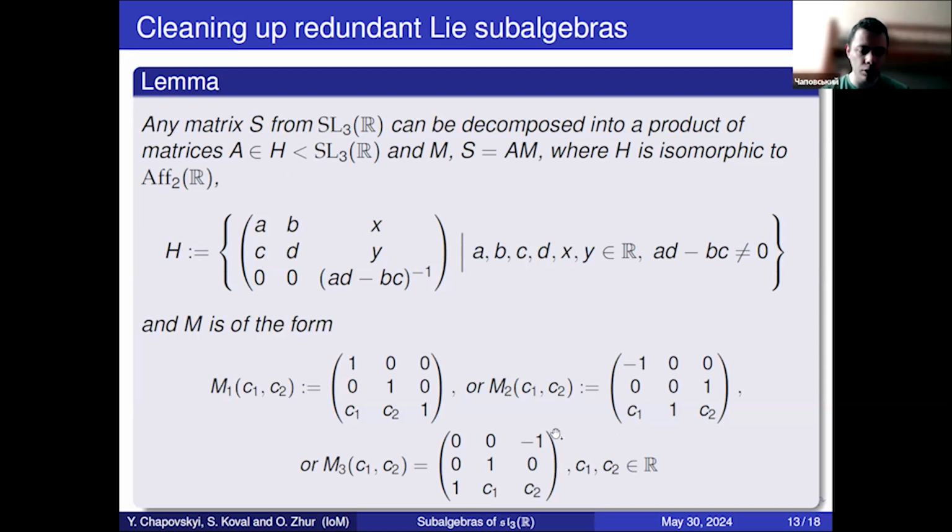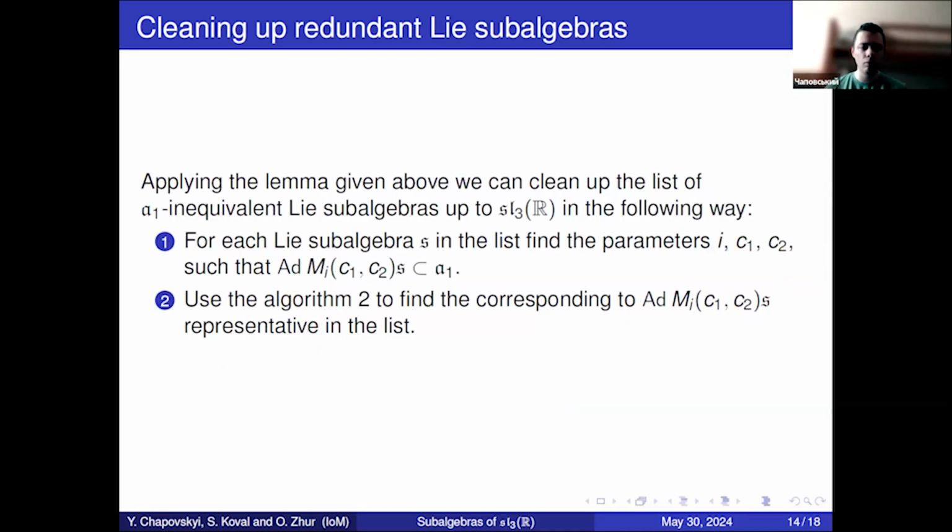As we can see, it's only a 2-parametric subset, which is pretty good, if I say so. In this way, applying the lemma given above, we can efficiently clean up the list of A1 into equivalent Lie subalgebras up to SL3 in the following way.